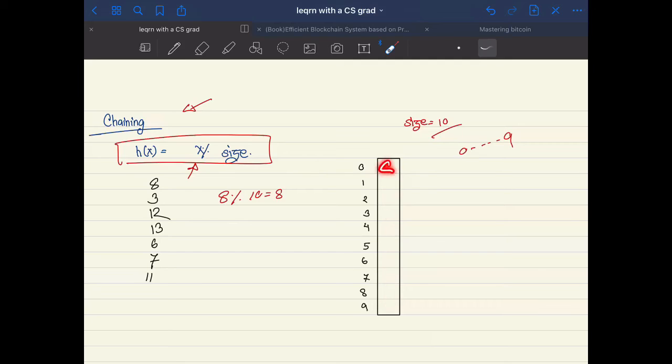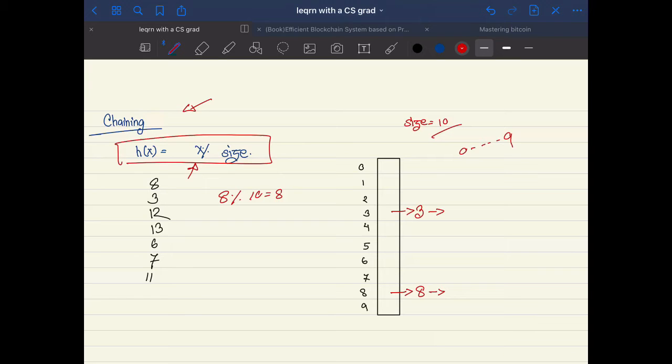Rather than putting the value, let's say 3, directly, we're going to put an address, and then the value, then check if there's another address or not. So for 3, 3 mod 10 is 3, so we put the address of the chain and the value of the chain, 3.